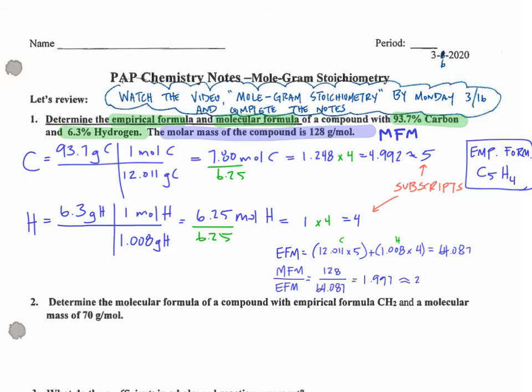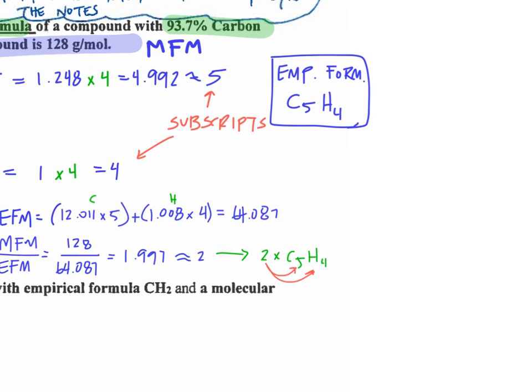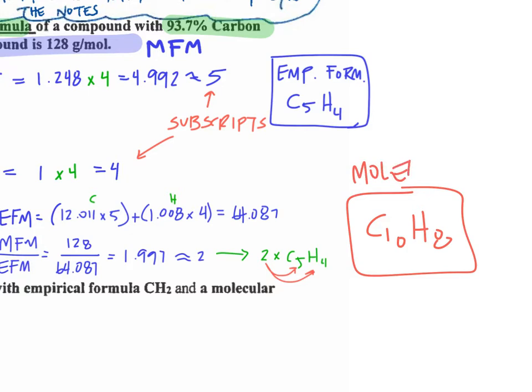So 2 is my multiplier. So it's 2 times C5H4, so 2 times 5, 2 times 4, gives us C10H8 as our molecular formula.